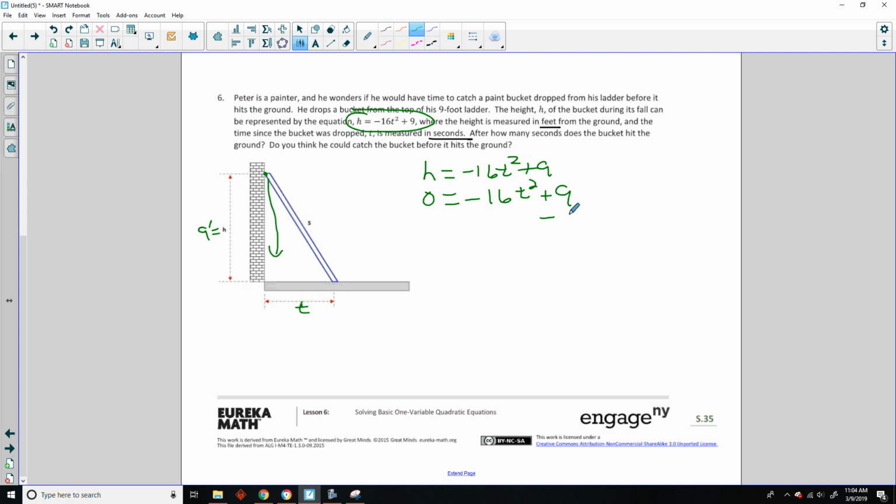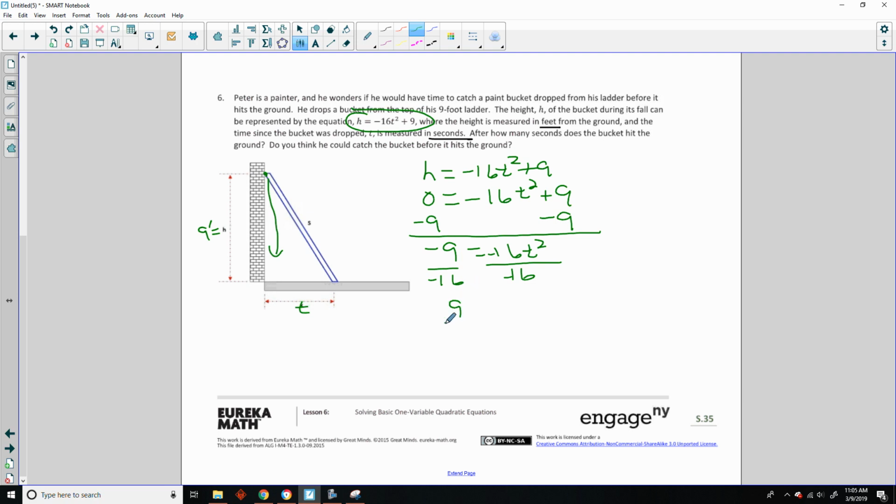So in other words, I want to get t by itself, so I subtract 9 from both sides. And I get negative 9 equals negative 16t squared. I'm still trying to get t by itself, so I'm going to get rid of that 16 by dividing by negative 16. Negative divided by negative is positive.